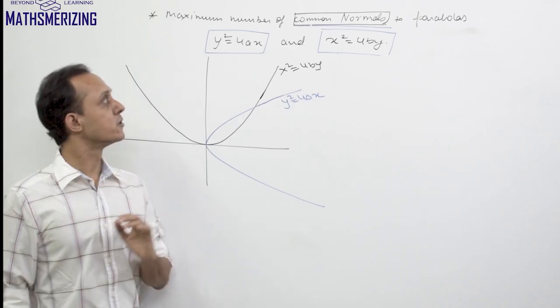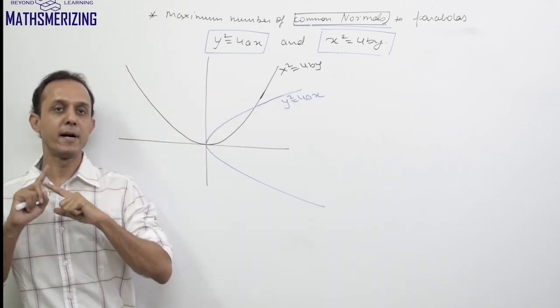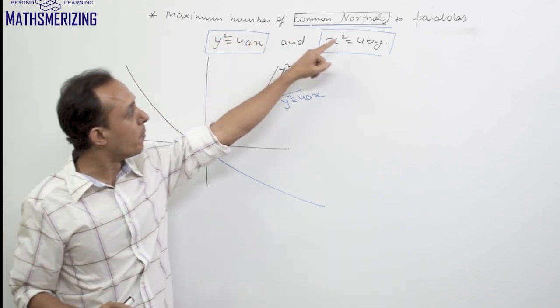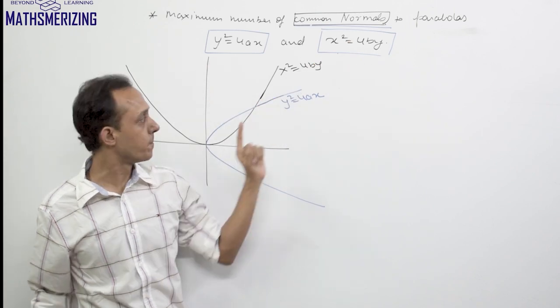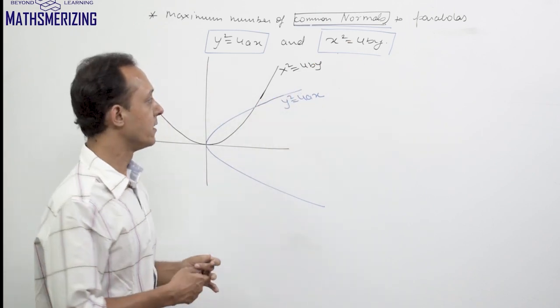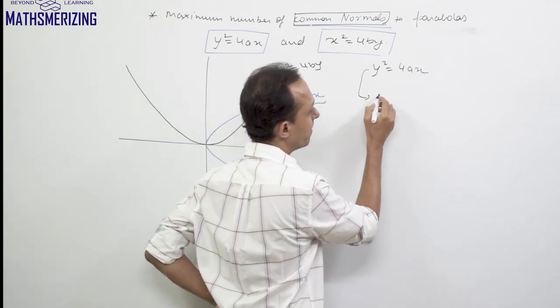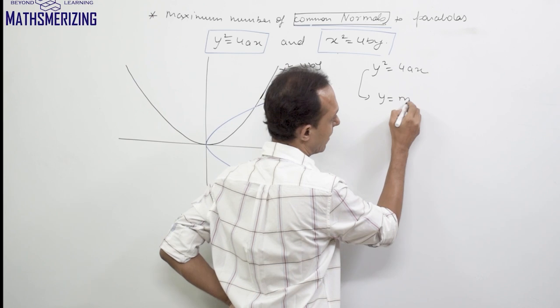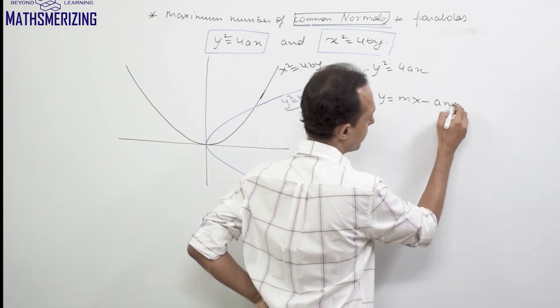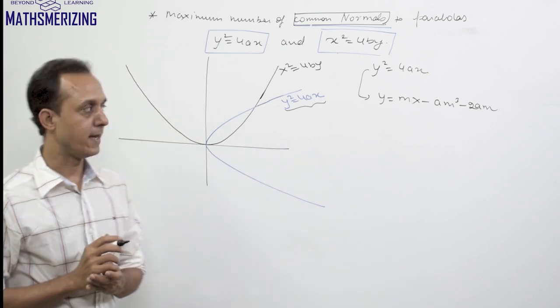We generally study questions on the number of common tangents between two curves. Now here the question is, we have to find the maximum number of common normals that can be drawn to these two parabolas, y square equals 4ax and x square equals 4by. So I'll start with the first equation. For the parabola of the first form, the equation of normal is y equals mx minus am cube minus twice am.